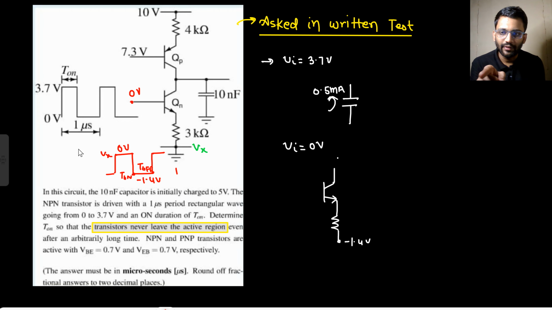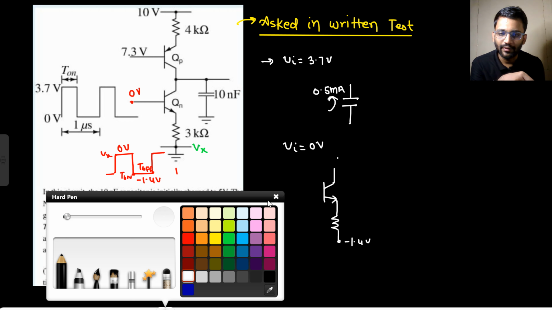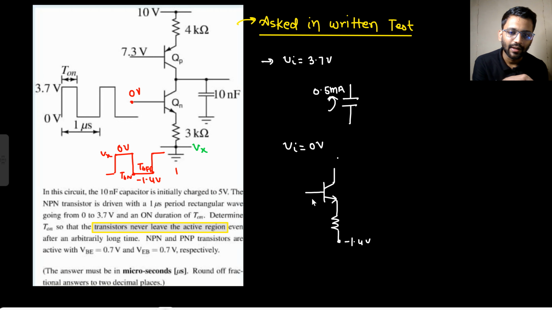After T on, when Vin is equal to 0 volt, this input would become minus 1.4 volt. So here you are having minus 0.7 potential, and here you are having minus 1.4 volt. So this current would be 0.7 by 3 milliampere, right?